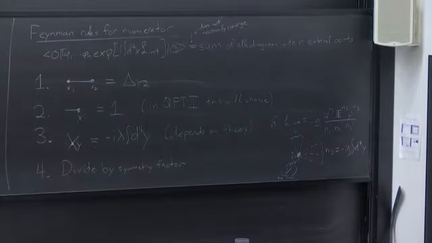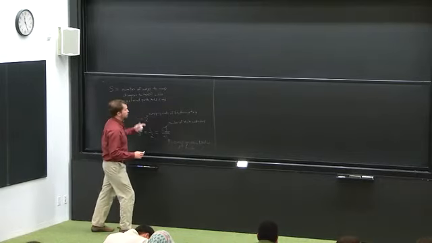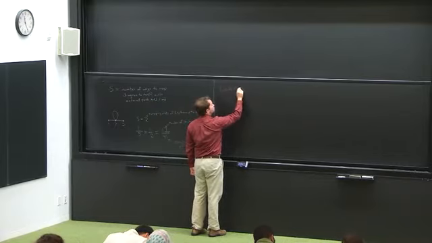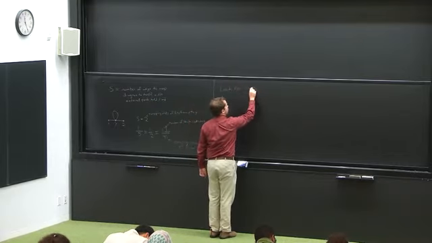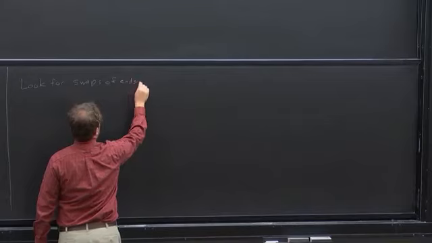Okay, and let's check that this works for our other diagram. Before we check, let me just give you some possible types of symmetries to look for. You can look for swaps of ends of lines, ends of internal lines.